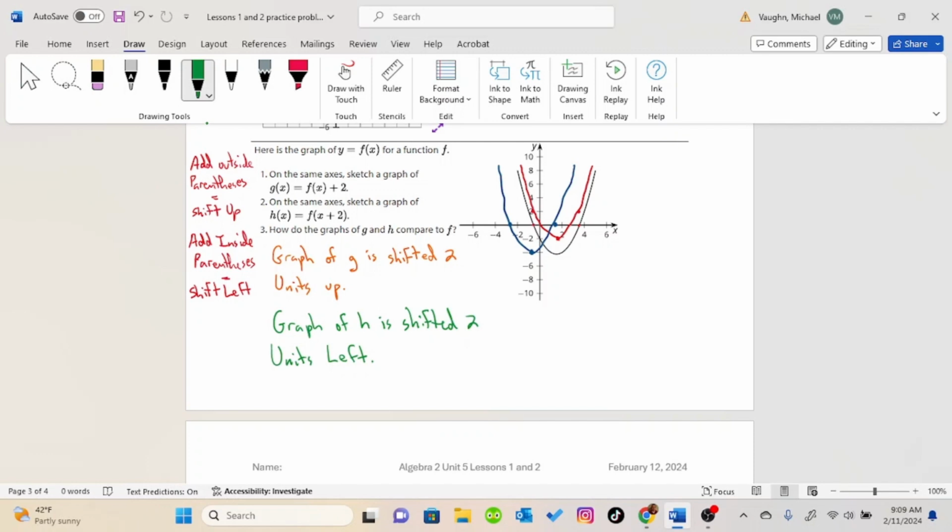If I'm adding 2 inside the parentheses, I know I'm shifting everything left 2. I draw the same graph, but I draw it shifted the number of units and direction that I know I need to shift it.